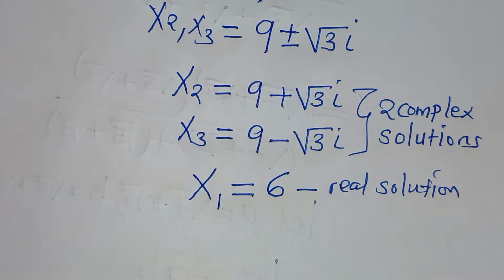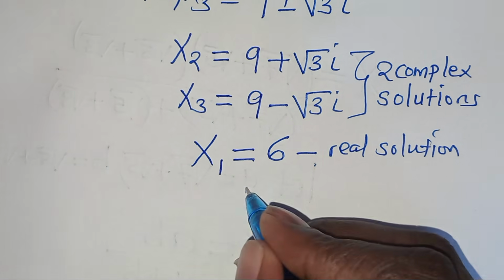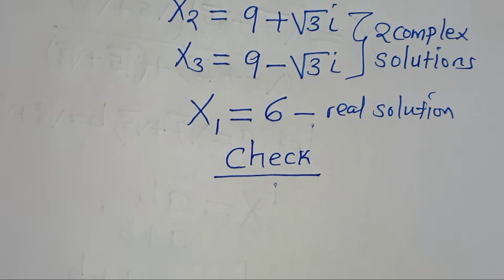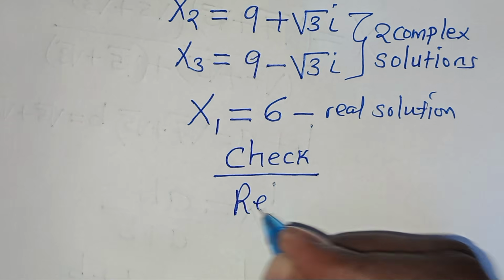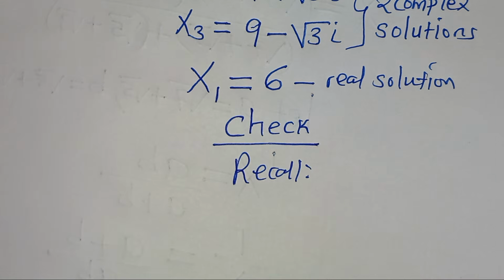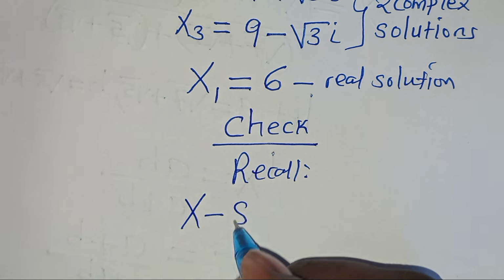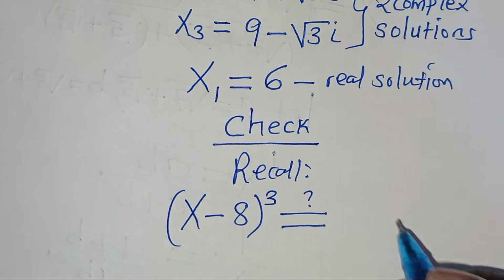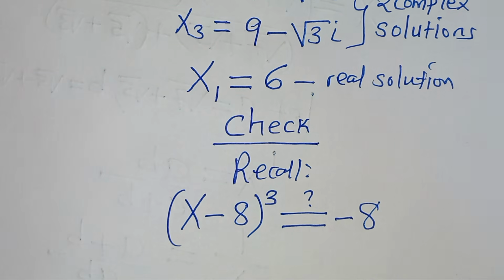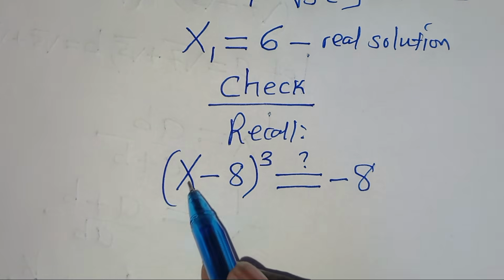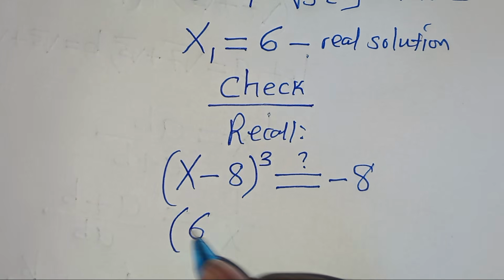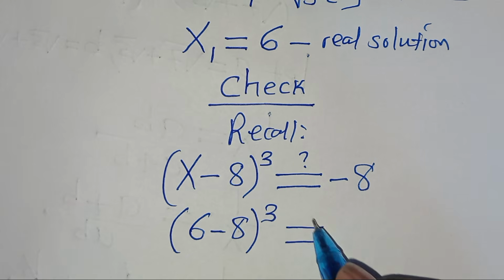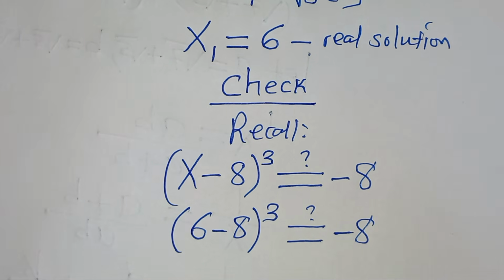Now, the next step from here is to check if this real solution satisfies the equation. If you recall, (x - 8)^3 is supposed to give us a value of -8. Let's substitute x, which is 6. So we have (6 - 8)^3, which is supposed to give us -8.